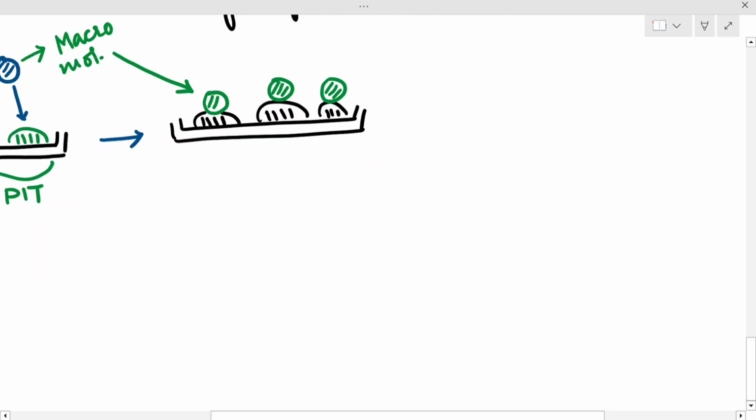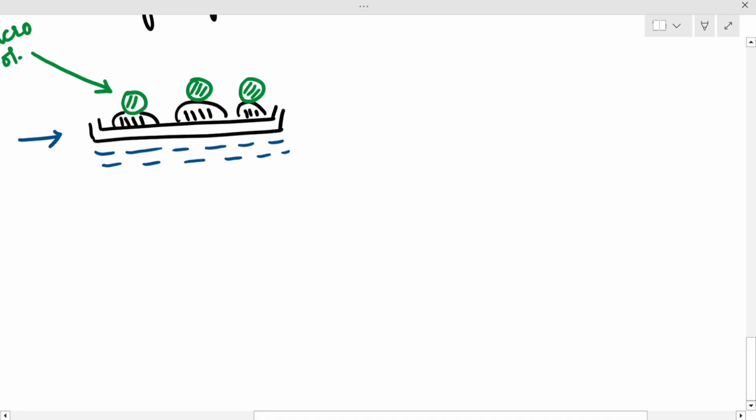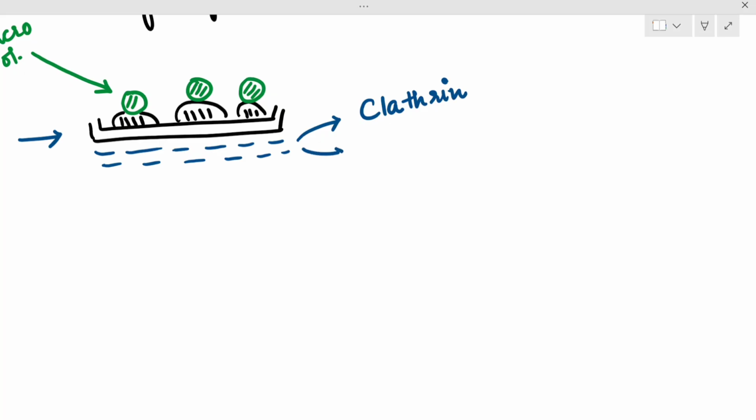Okay. After getting attached with this particular receptor, beneath the surface of the membrane, there are some proteins. Two types of proteins are generally present. Those are the lattice work of the fibrillar proteins and the contractile proteins. Okay. The fibrillar protein is known as clathrin, and the contractile protein is actin and myosin.